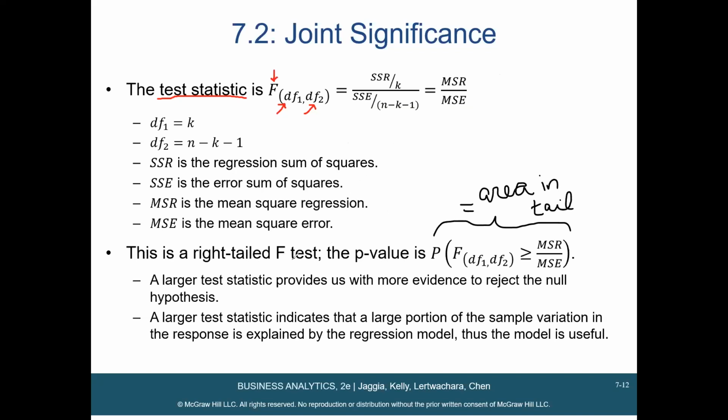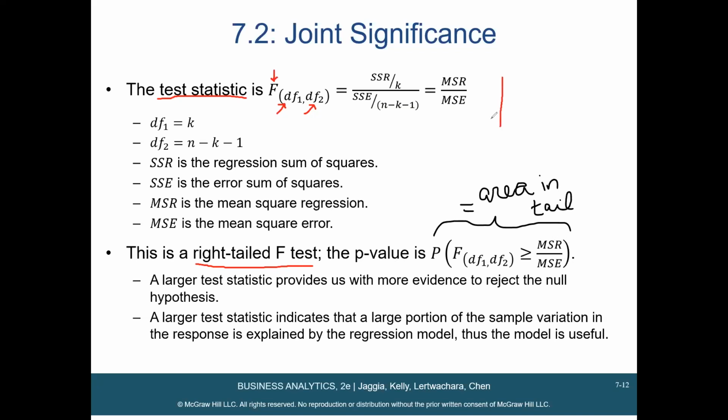Anyway, this turns out to always be a right-tailed F test that we end up running to do this hypothesis test. And that's because the F distribution starts at 0, so you can never be less than 0. And so what we are going to do is just get the probability of being past our test statistic, right?